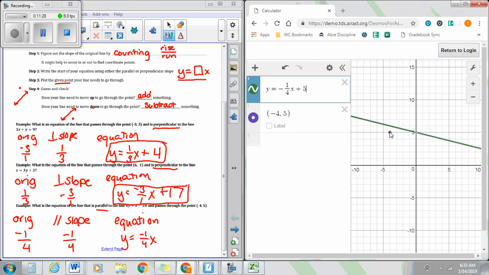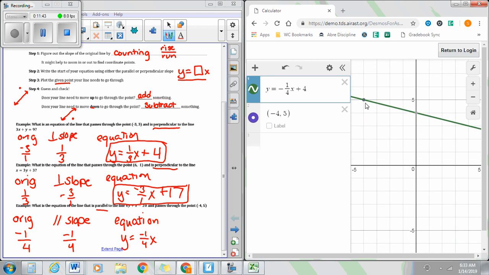That was a little too much because now my dot is underneath the line. So 5 was a little bit too much. I'm going to try 3. Little too low. My dot is above the line now. So 4 seems to do it about perfect. Zooming in just to check that it stayed on the line, and we are good. So y equals -1/4 x plus 4.